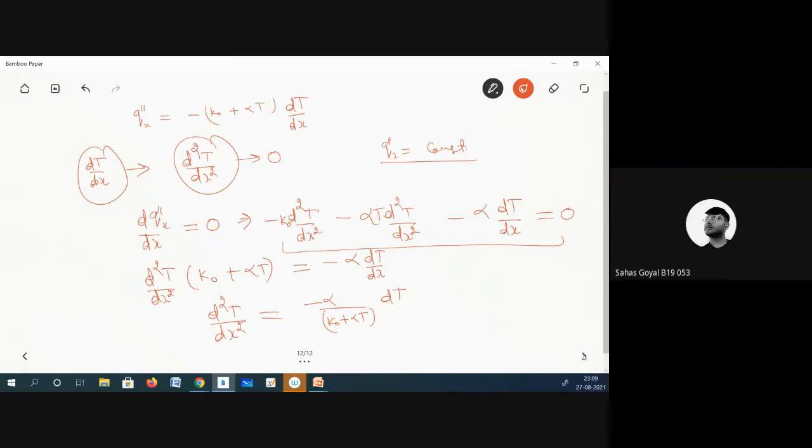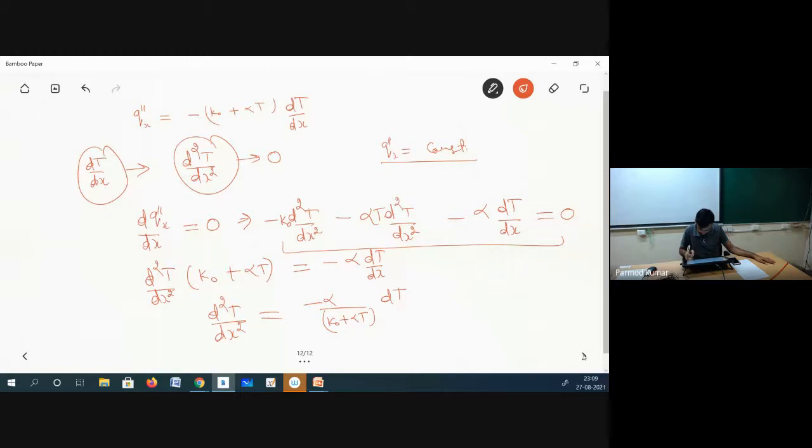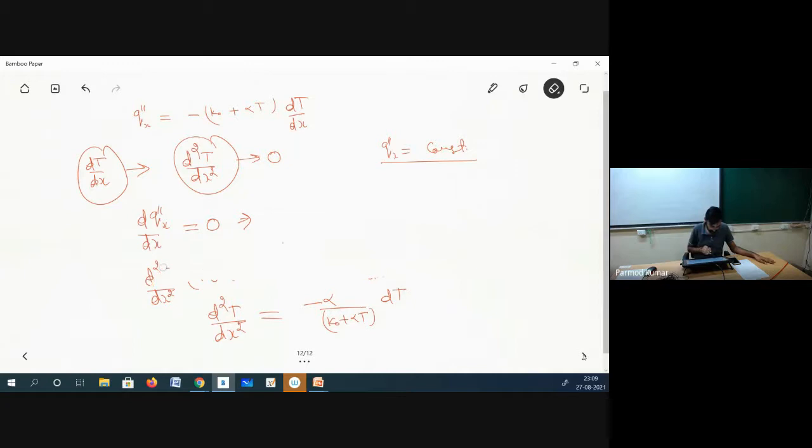Sir, wrongly, I guess. Yes, so tell me what will be the correction? Let me take it again. I have to apply the multiplication rule. I have not applied it over here. Please tell me what the differentiation will be.